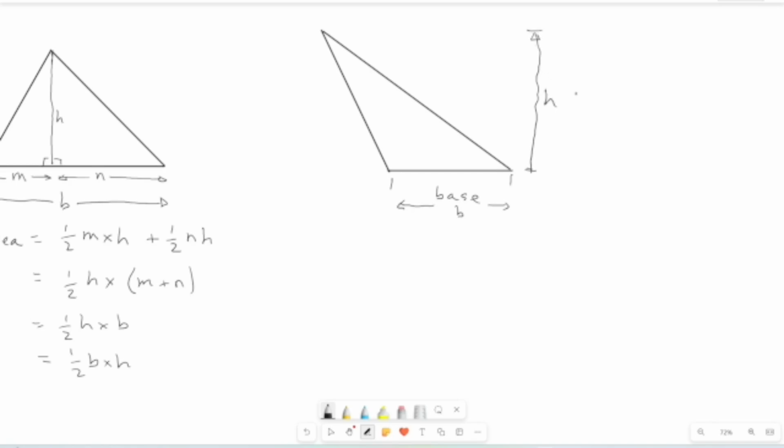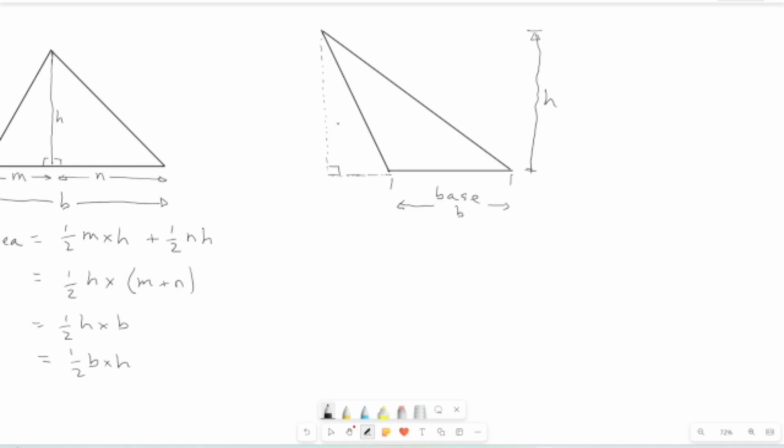That's the height. Now what we can do is drop a vertical line down here to meet the baseline at right angles. Not drawn very well, but that's a right angle, and this is in line with the base. And now we've got two triangles.